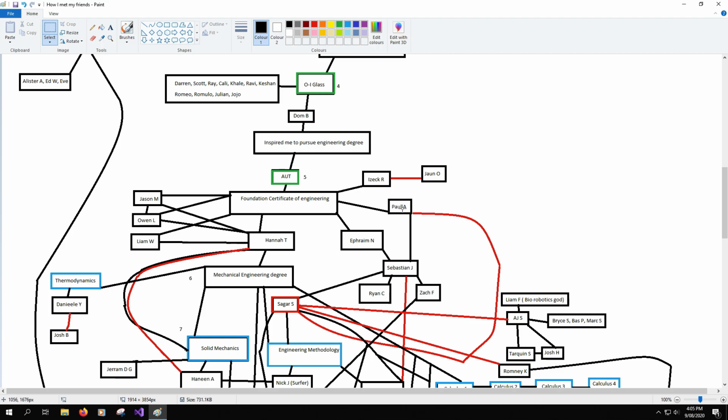So with Paul A, I first met Saga S. They were just hanging around together, and I think I laughed at Saga's joke when he was next to Paul. That's how I met Saga. The blue boxes are classes, obviously.